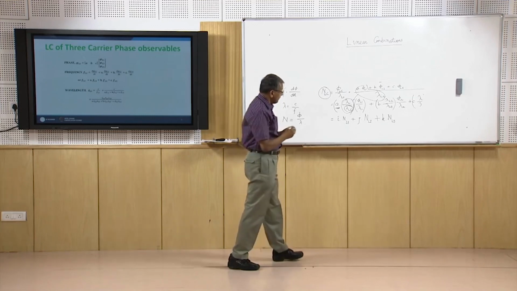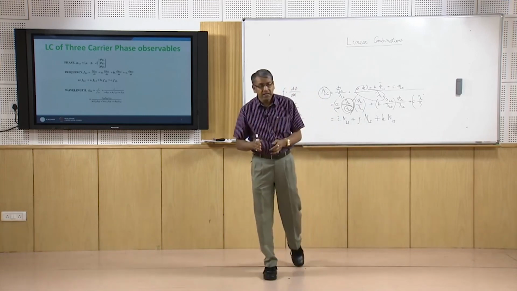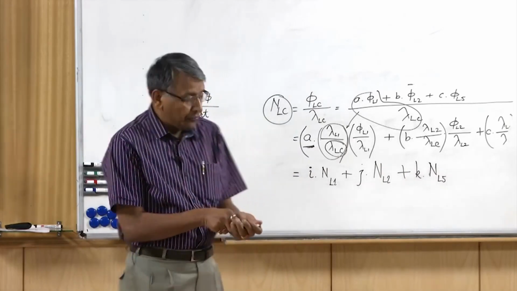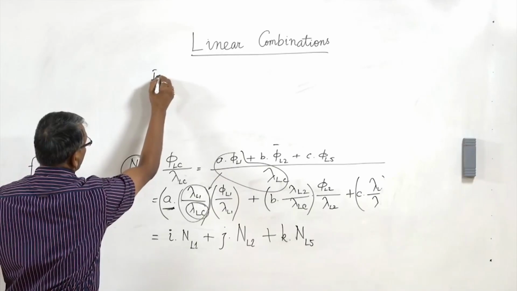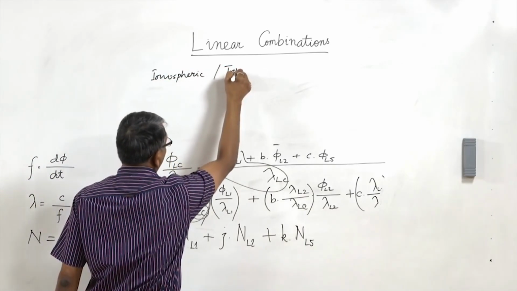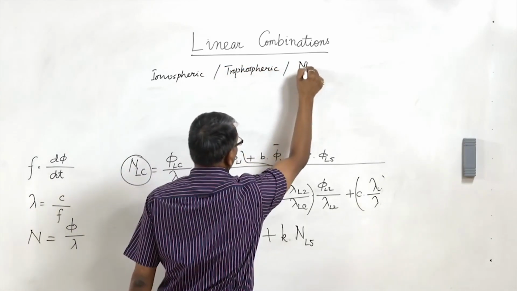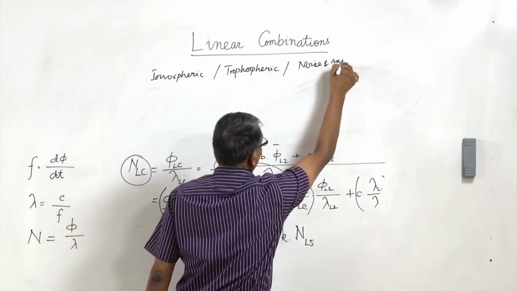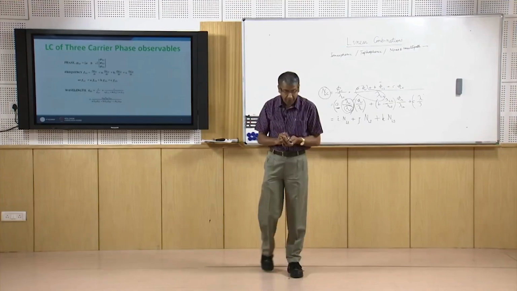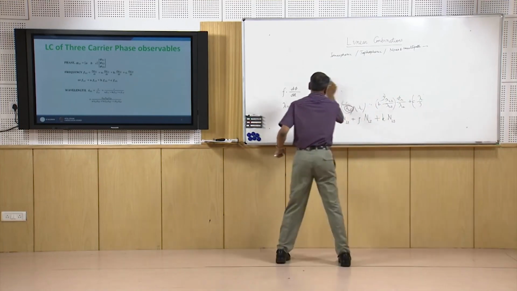And finally, as we are mostly interested in the errors that will be propagated out of the combination, if we consider ionospheric error and tropospheric error as well as noise and multipath as the primary sources of errors in observables, let us see what will be the error propagated.